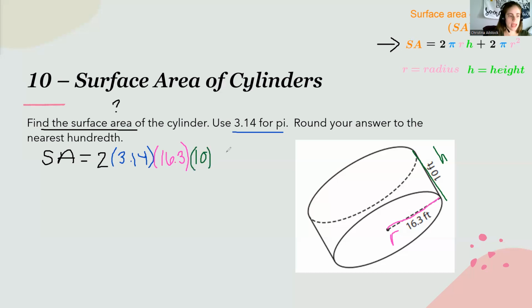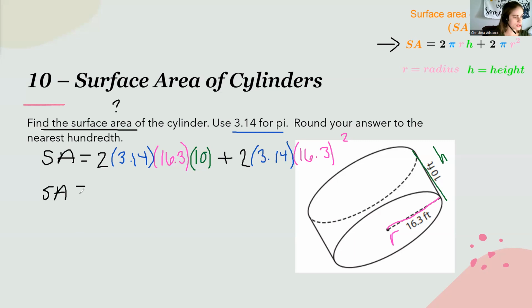And that is going to be added to 2 times our pi again, so 3.14, and then times our radius squared. All right, because we have this plus sign here, and then we have all multiplication and exponents, which is a form of multiplication, we can simplify the two pieces simultaneously, and then we can add them together.